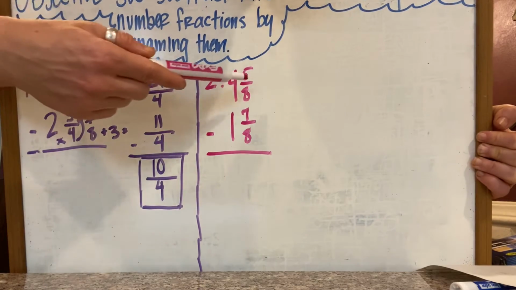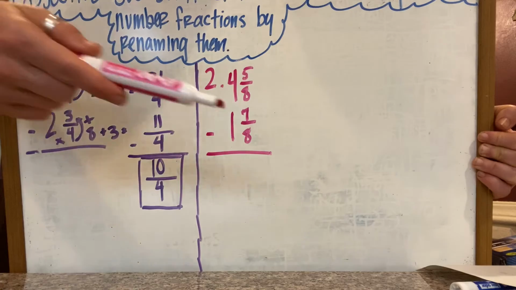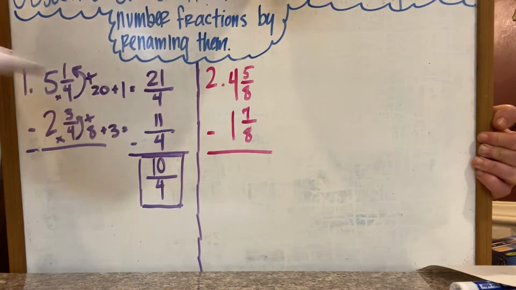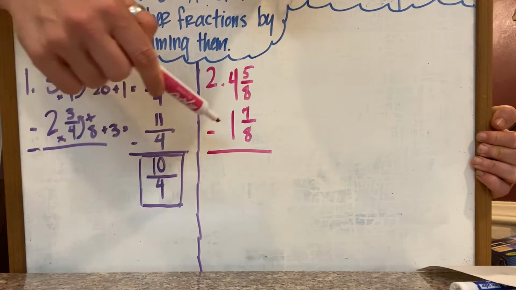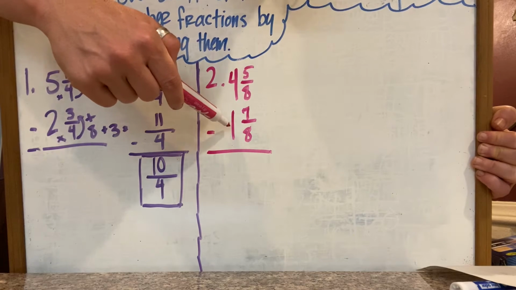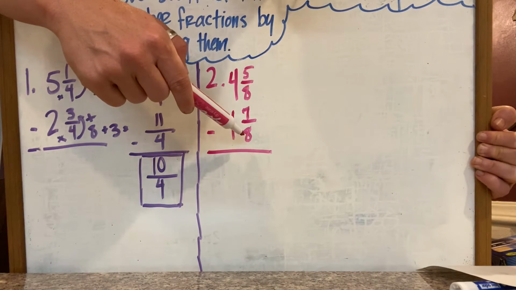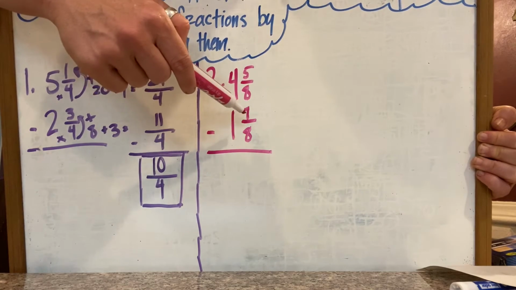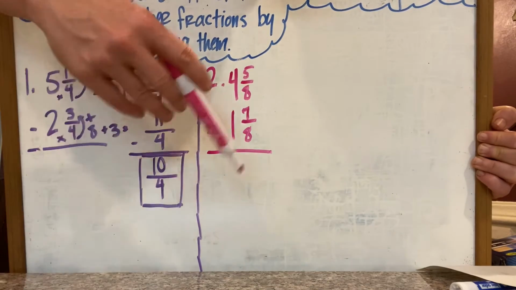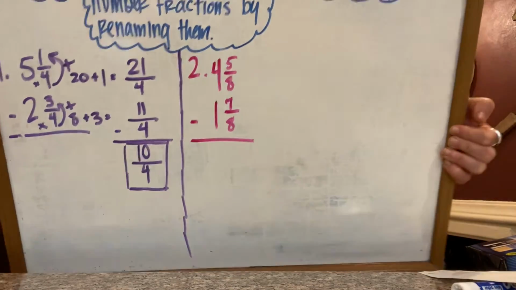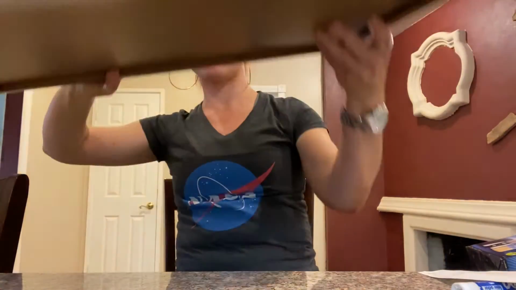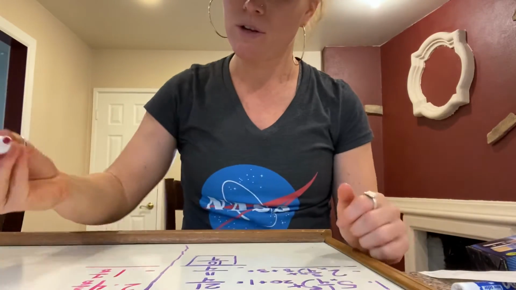It would be 37 over 8. Again, I will write all this out. I'm just talking it out for those of you that it works for. This one here, 1 times 8, that's easy. 8 plus 7 is 15. So it would be 15 over 8. I will write it out for you now.